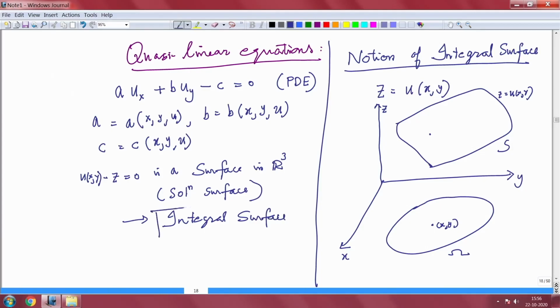Okay. Now, try to understand my PDE with this concept. Integral surface is nothing but z = u(x, y). The PDE is defined in a 2-dimensional domain omega. At each point you associate your u(x, y), so you get a surface, and that surface is called an integral surface. There will be different integral surfaces for a given quasi-linear PDE, but the initial value problem is that you are giving some initial values.